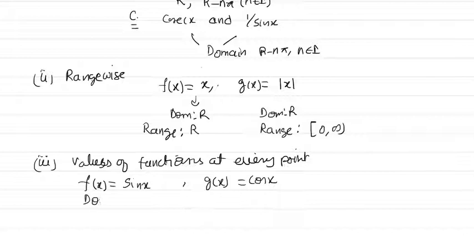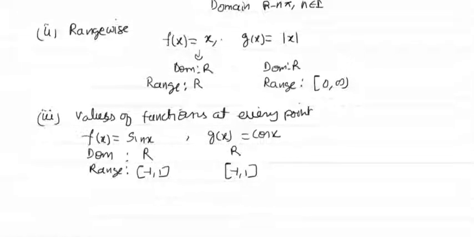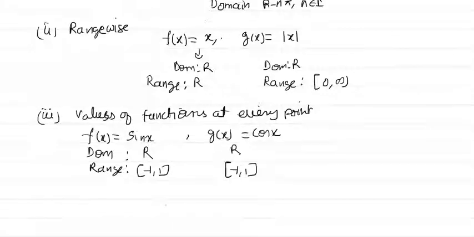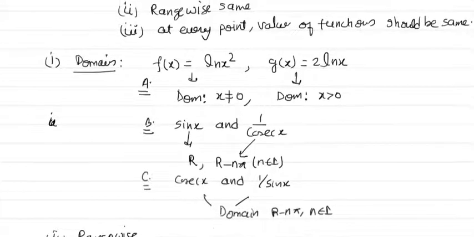The domain is r for both, and the range is minus 1 to 1 for both. So domain and range are both equal. But what about every point? At every point sin x and cos x are not equal. Because of the third point only, sin x and cos x are not equal functions.